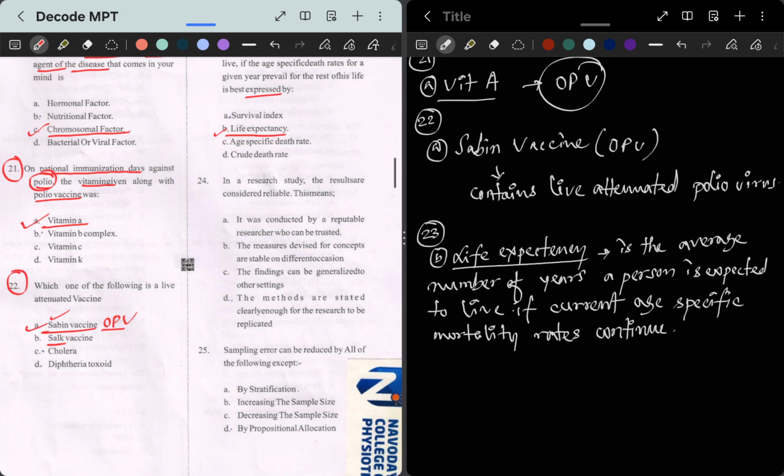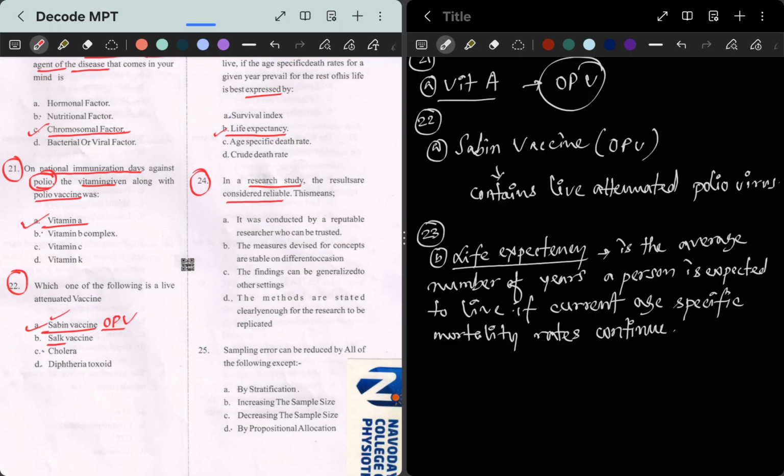Next, question number 24. In a research study, the results are considered reliable. This is a question from the research methodology chapter of BPT.